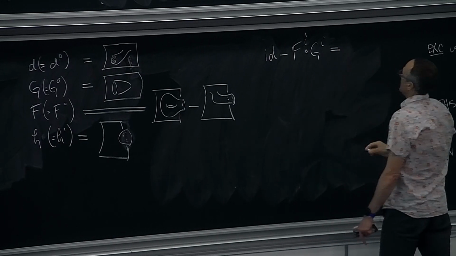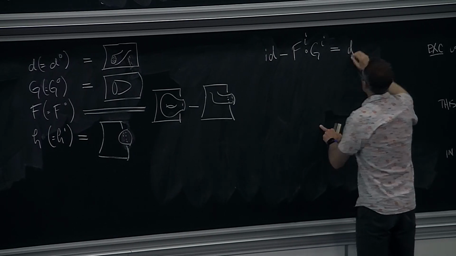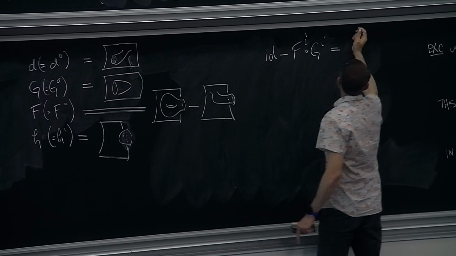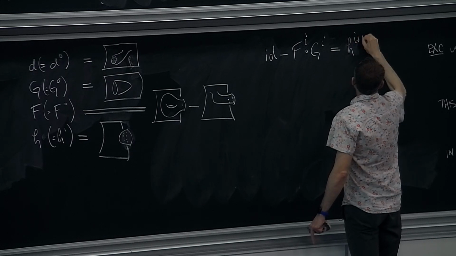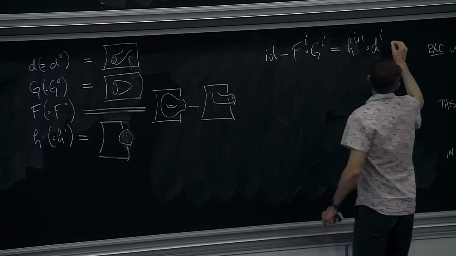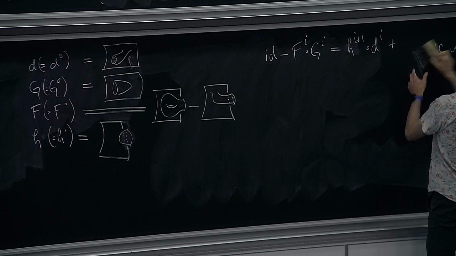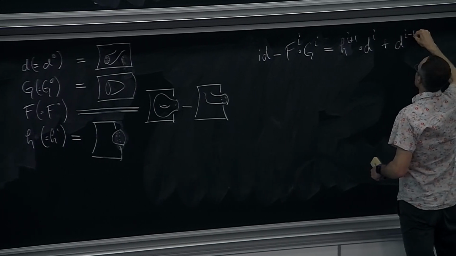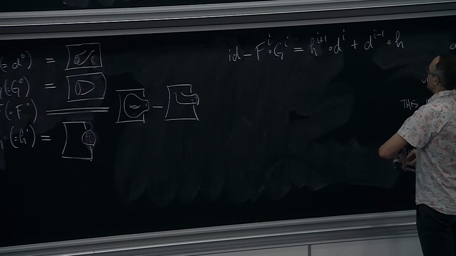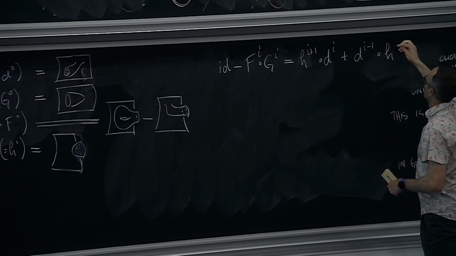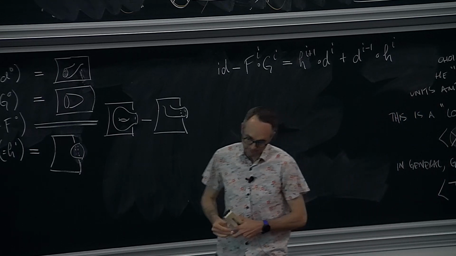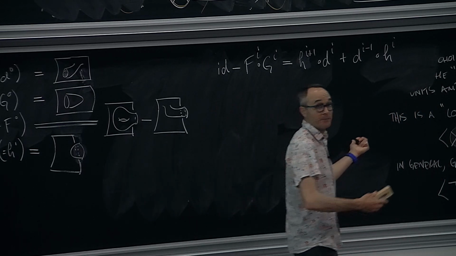This should be, I just want the indexing right, H first: H_{i+1} composed with D_i, plus first doing D_{i-1} composed with H_i. Does that look familiar? That looks like a homotopy equivalence.